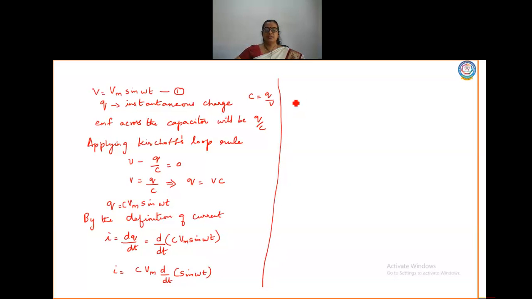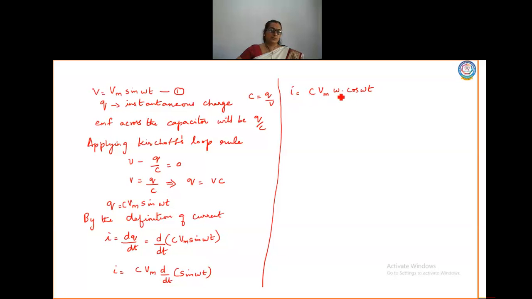Differentiate that, and d by dt of sin omega t is cos omega t. Again, when I differentiate omega t, you will have omega, so that omega I have brought to the front. So the equation of I is equal to C into Vm omega cos omega t.